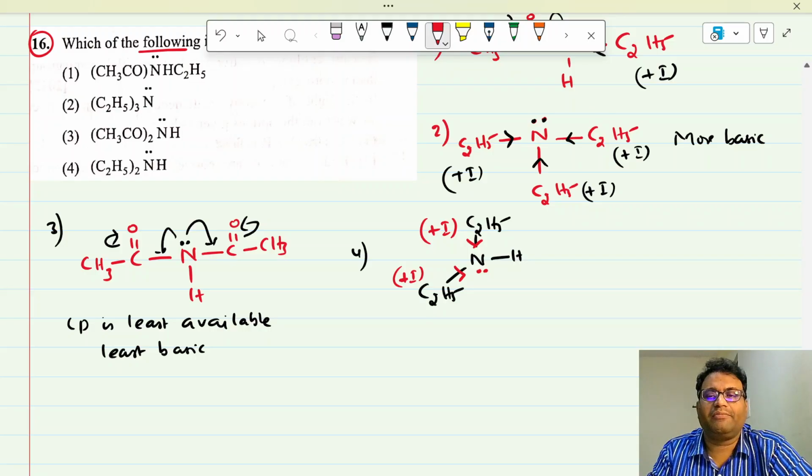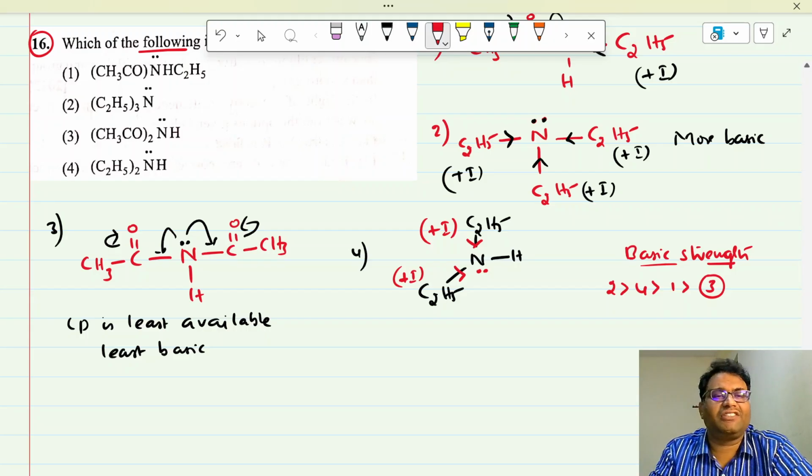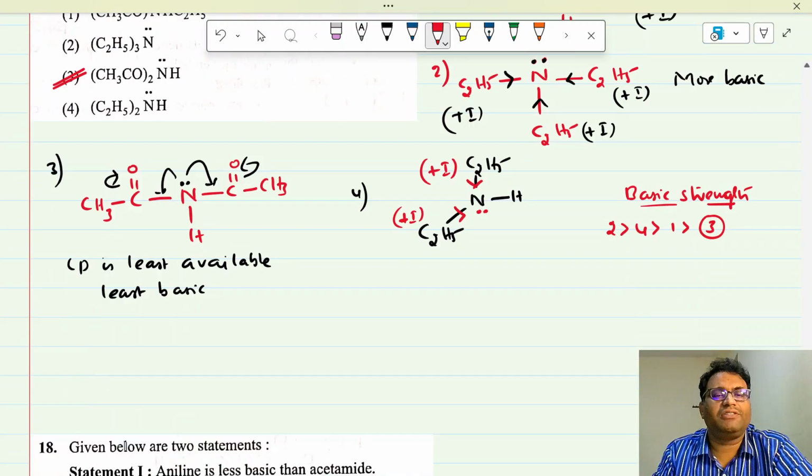So if you see the basic strength order, the second one has more basic strength than 4, 4 has more basic strength than 1, and 1 has more basic strength than 3. The more the availability, the more the basic strength; the less the availability, the less the donation and the less the basic strength. So the third one will be least basic. The question asked is the least basic.